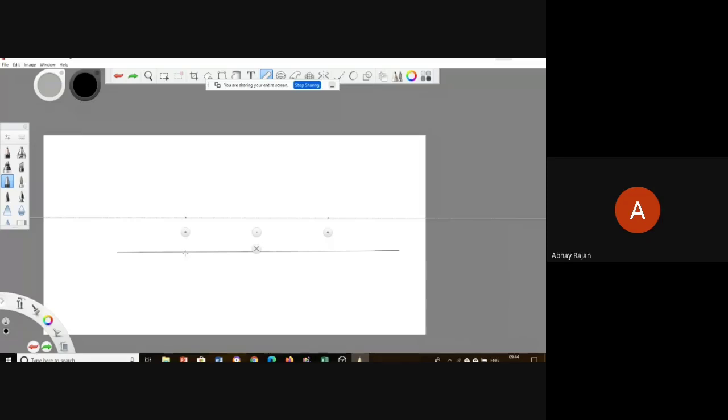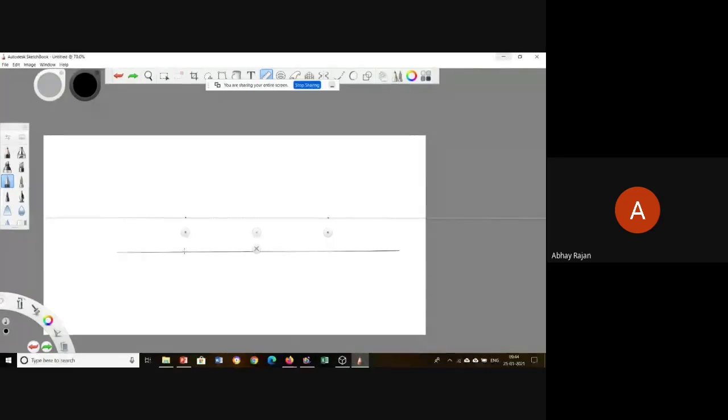If you have the ruler scale, from here you will be measuring and taking a distance of 20 mm. Once you get the 20 mm, you got this point as point A, that means the front view of A.